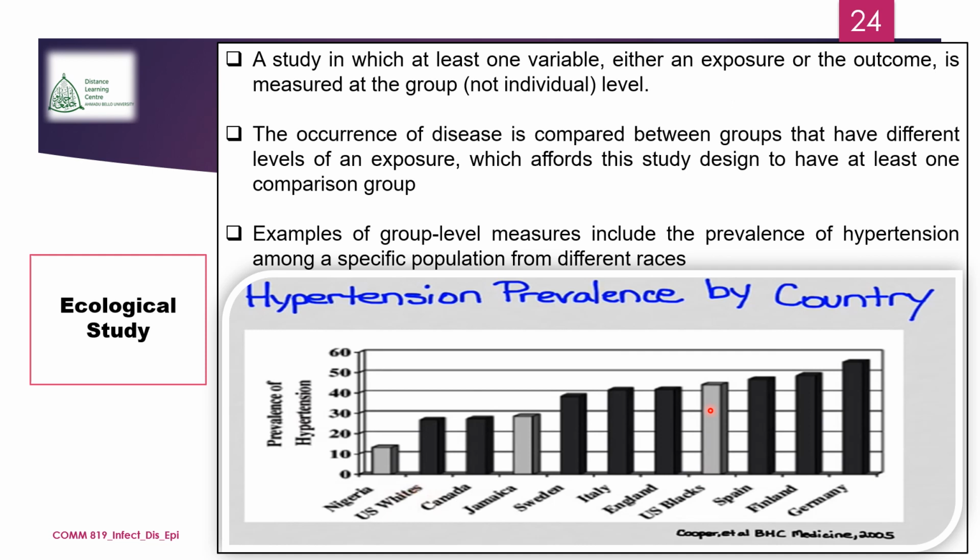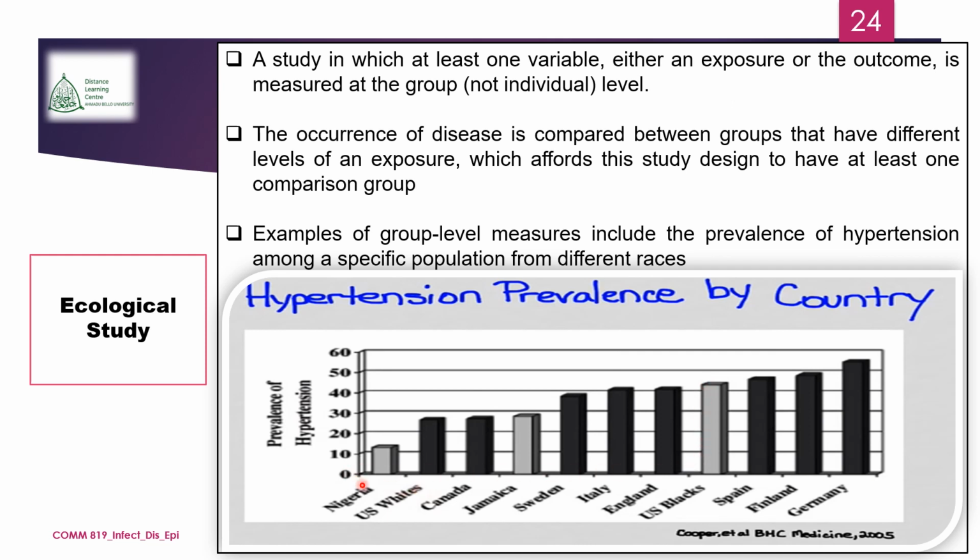So in order to test whether the hypothesis was actually right, because they based it on the idea that it was probably due to a genetic factor, they observed that hypertension is always higher in US black.